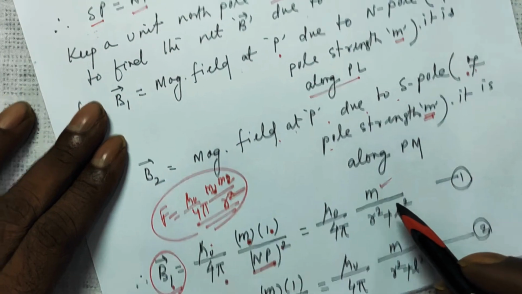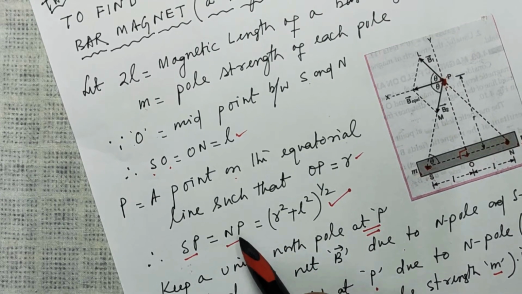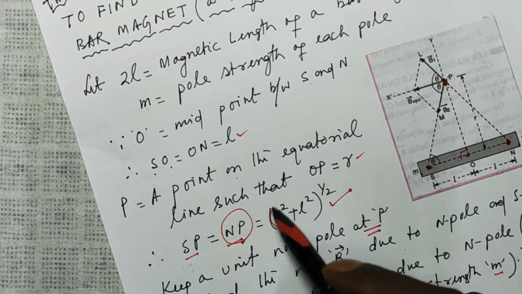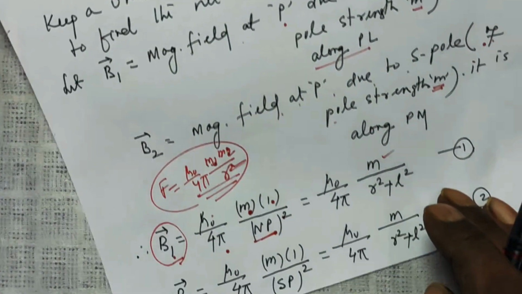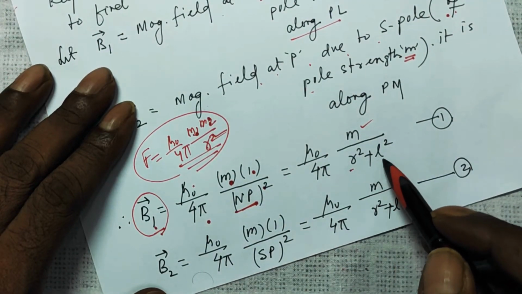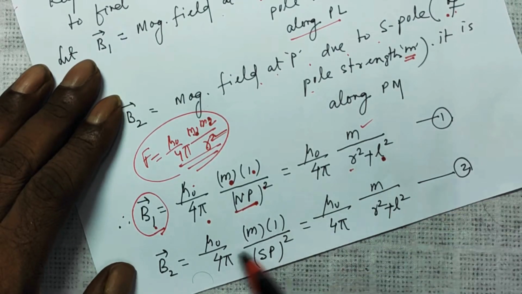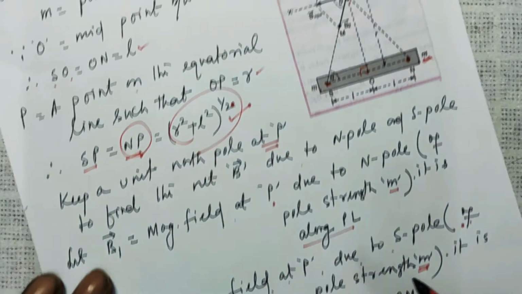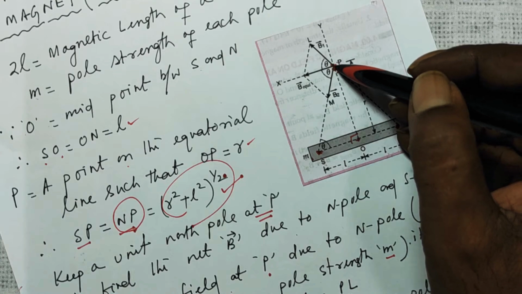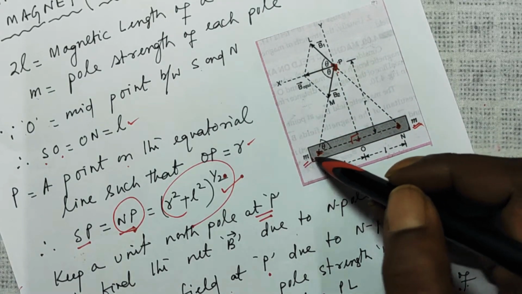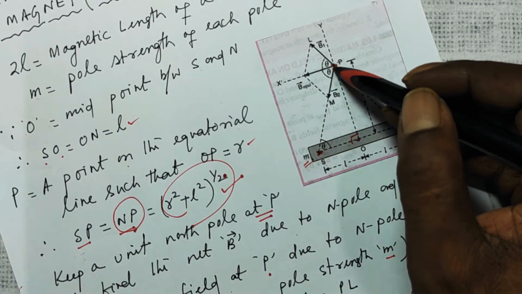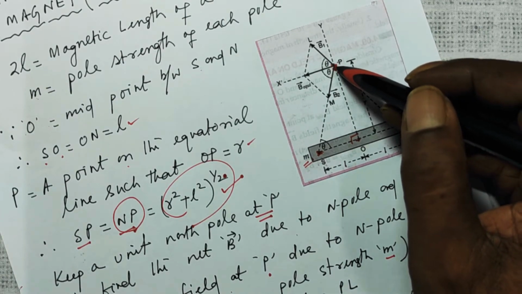So that is the square of this square root, so the square root goes. We are left with R square plus L square. Similarly B2, that is the magnetic field here due to the south pole. The pole strength of this is small m, and the pole strength of the other is unity because I have kept a unit north pole here.